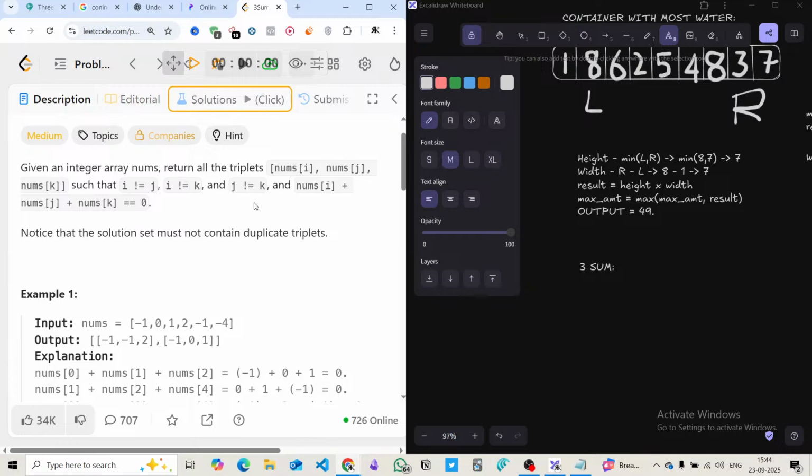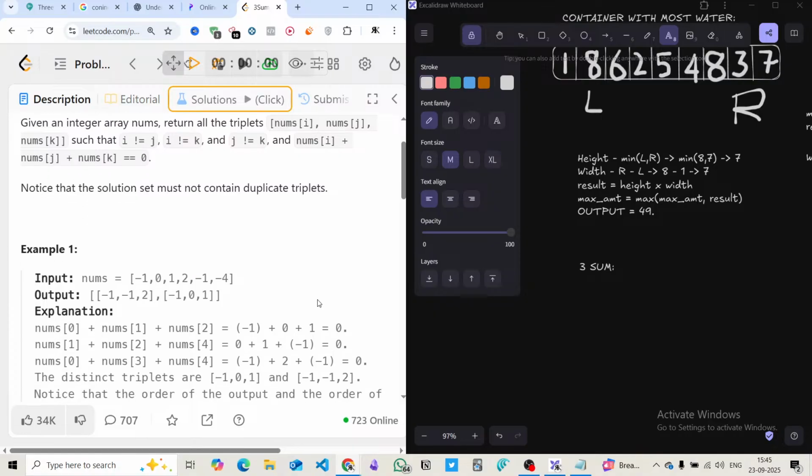So the value can be same, but the index should not be same. I is not the value, I is index, j is index. Let's say at the zeroth index we have -1 and -1. We don't need to use -1 again from the same index. We can use -1 from the zeroth index and then -1 from any other index.